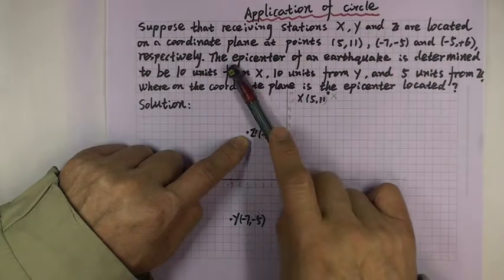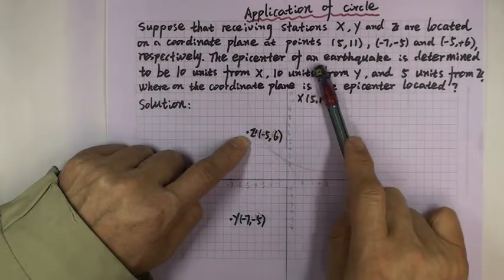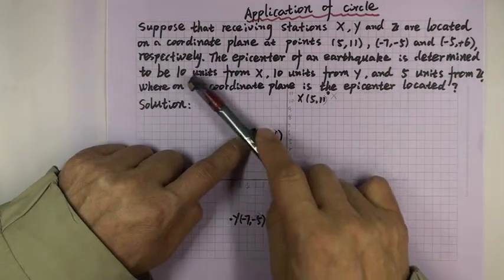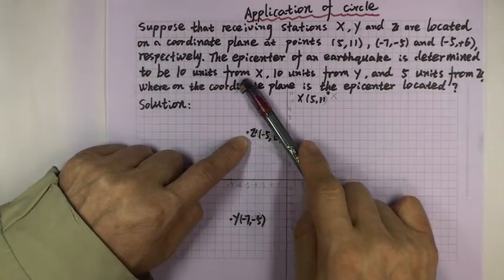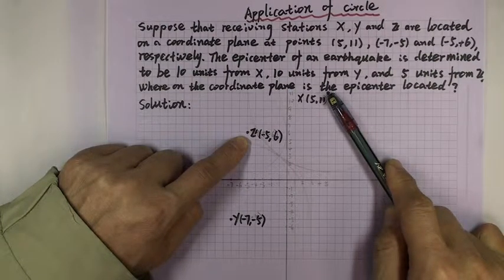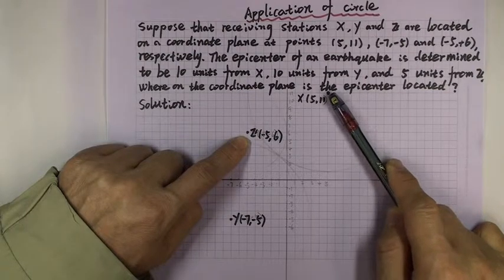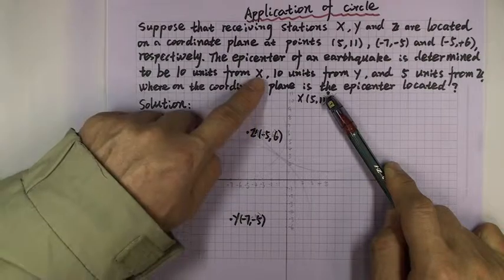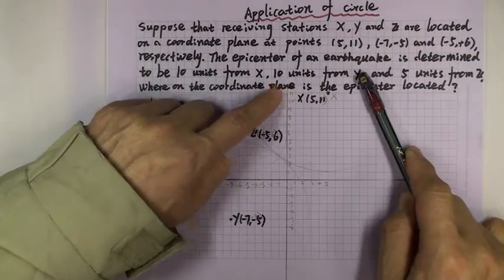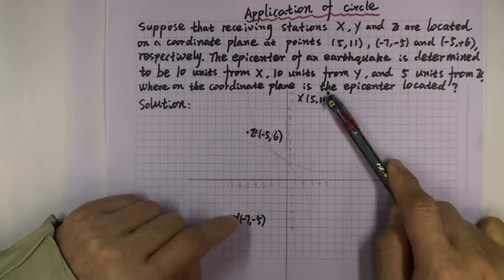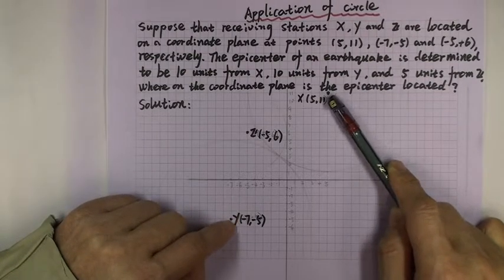Now, the epicenter of an earthquake is determined to be 10 units away from X, and also 10 units away from Y. So it's basically 10 units away from here and 10 units away from here.